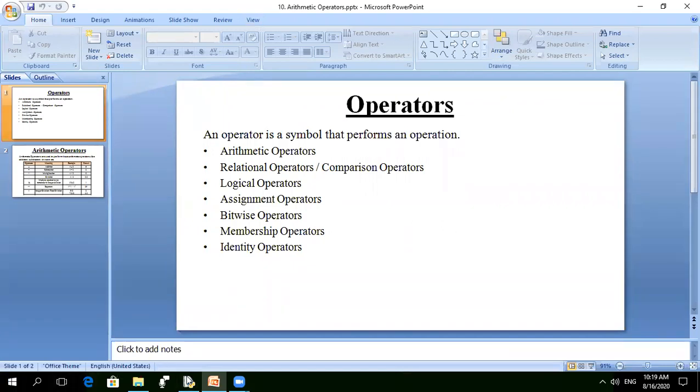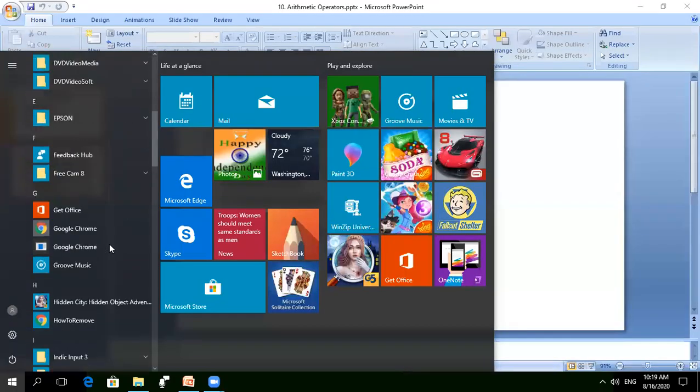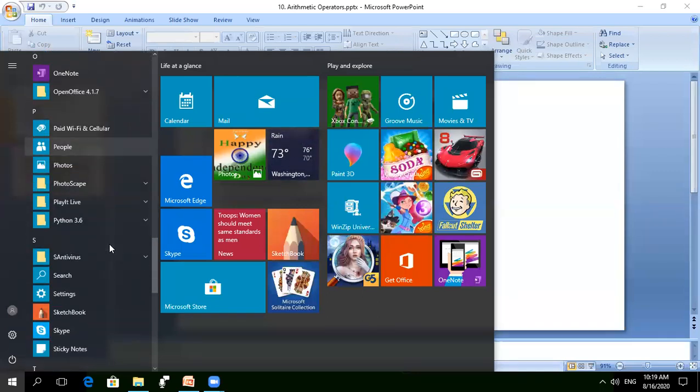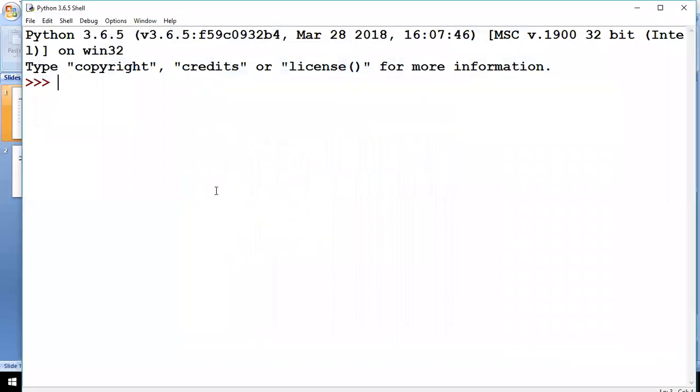See here, now I am writing the value of a equals to 5 and print a, that means a only.